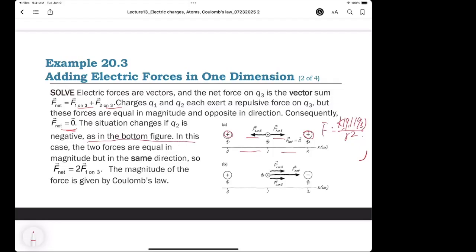The situation changes if Q2 is negative, as in the bottom figure. In this case, the two forces are equal in magnitude but in the same direction. You can see they are in the same direction, which means F net equals twice F1 on 3. The magnitude of the force is given by Coulomb's law.